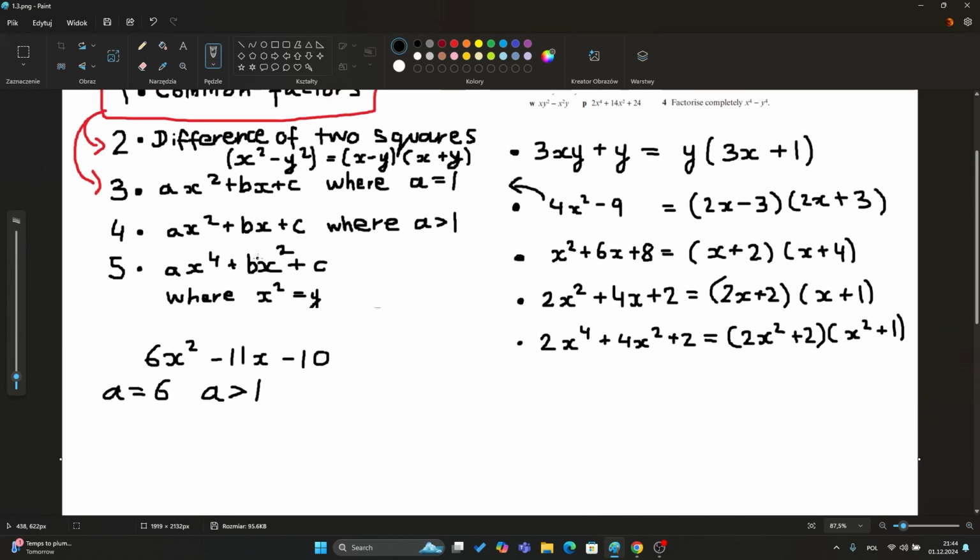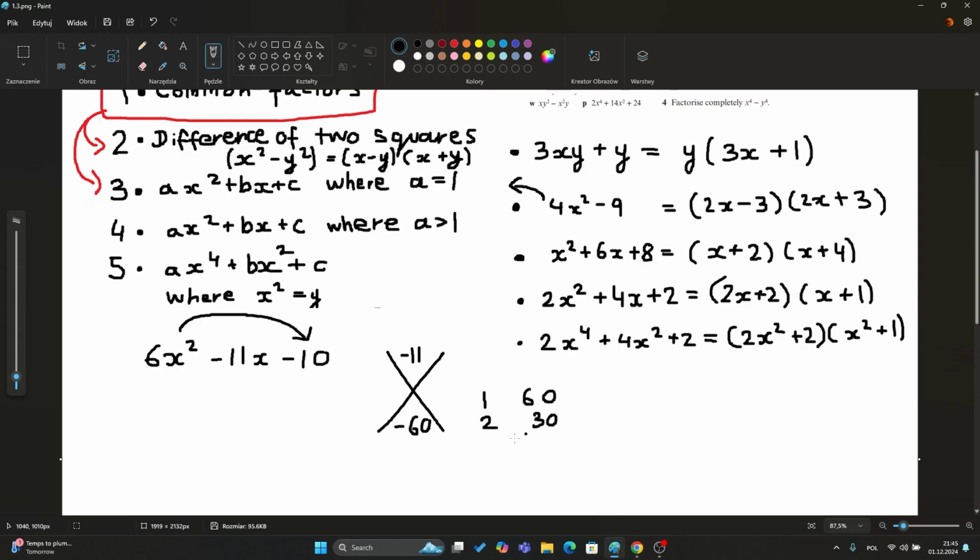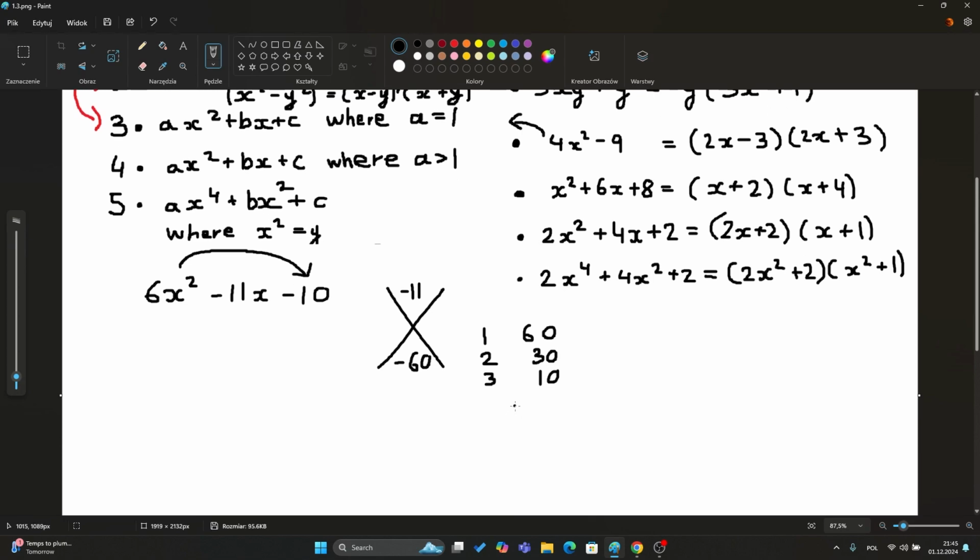So what happens is that we do exactly the same, but we have to multiply 6 by minus 10 to get us minus 60. And we leave minus 11 as it is. We write out the factors of 60, so all possible combinations of numbers that multiply to get 60.